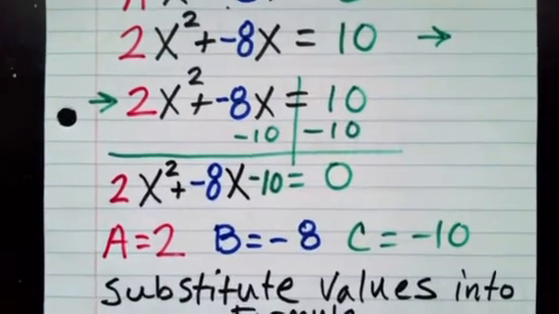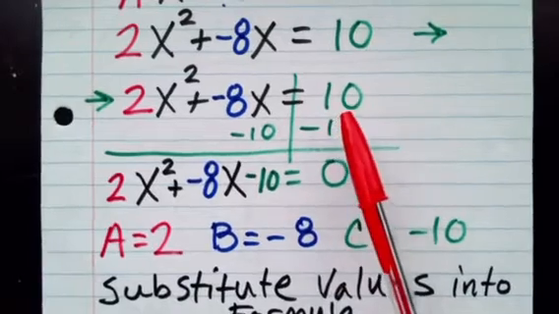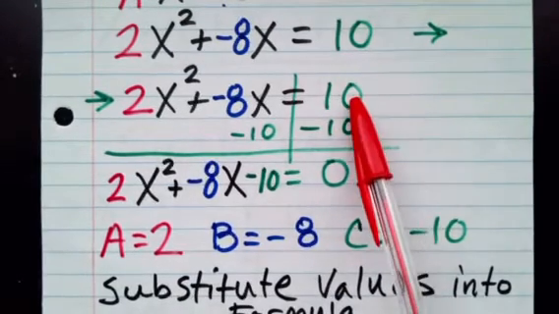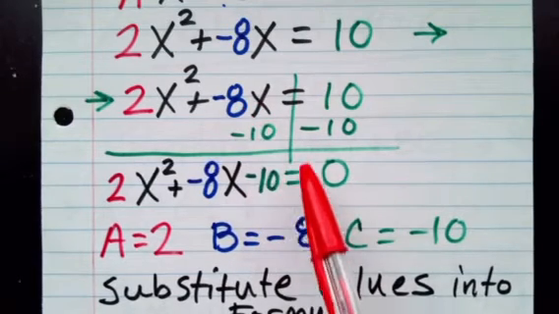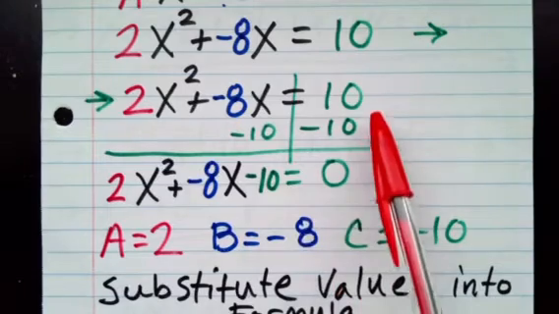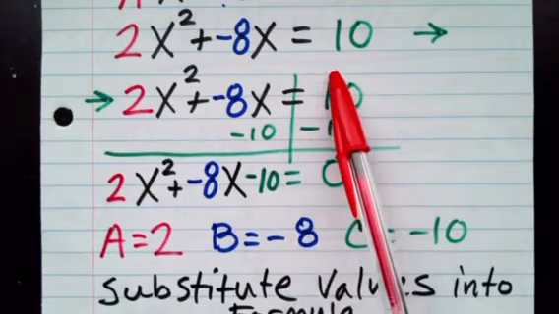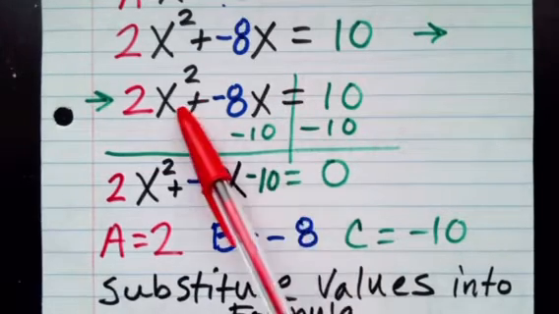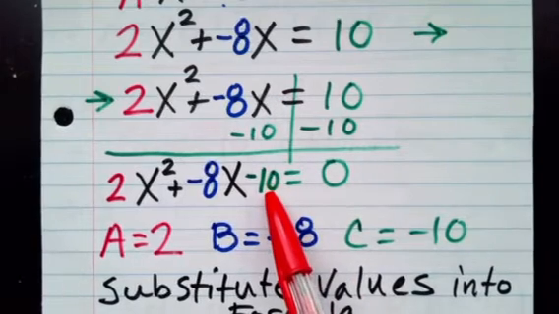So in the original equation, I don't want to skip any steps, we had 10 to the right of the equal sign. And what you need to do is bring that 10 over to the left side of the equal sign so everything equals 0. To do that, you do the opposite of adding 10 and you subtract 10 from both sides. 10 minus 10 is 0. It cancels out. And there are no like terms with this negative 10, so the negative 10 stays negative 10 here.